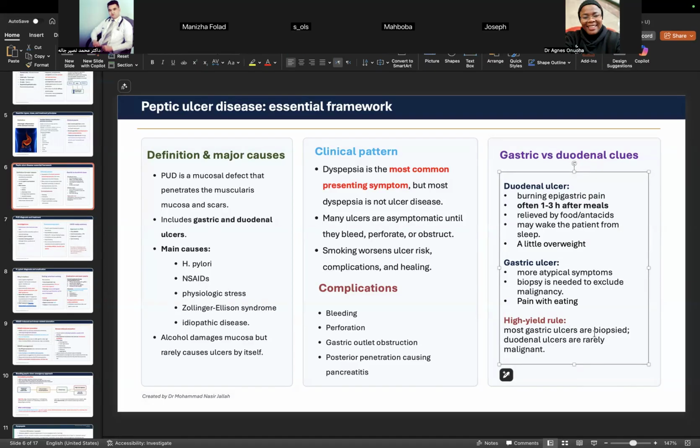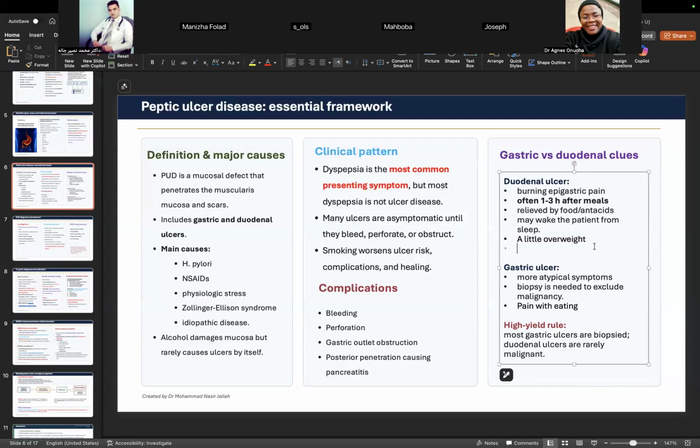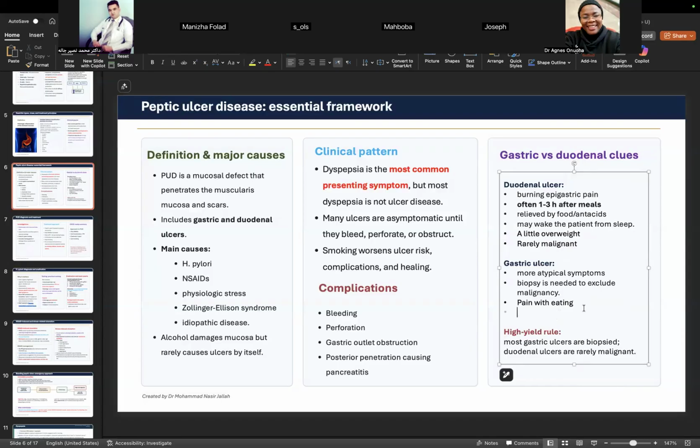High yield. Most gastric ulcers are biopsied, while duodenal ulcers are rarely malignant. So another difference is that duodenal ulcers are rarely malignant, but with gastric ulcers, malignancy is more common.